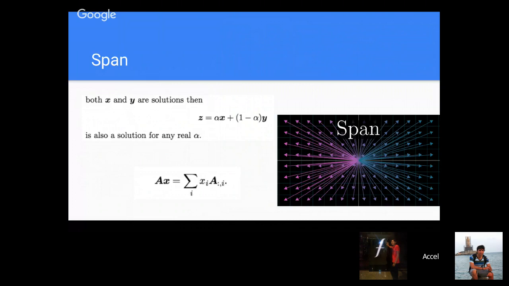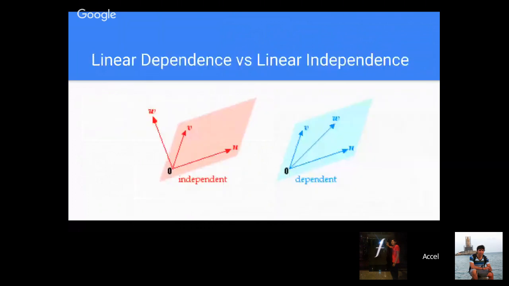Okay, great. So the next topic that was covered is linear dependence versus linear independence. A pretty straightforward definition: linear dependence is when one vector in the set can be defined as a linear combination of the others.